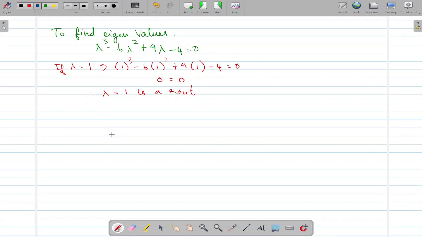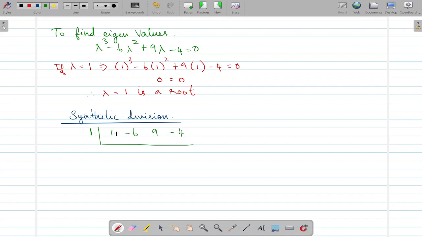With this, we can find the remaining lambda values by synthetic division. Synthetic division is where you write the coefficients of lambda, then multiply with the eigenvalue. The coefficients are 1, -6, 9, -4, and you multiply with eigenvalue 1.